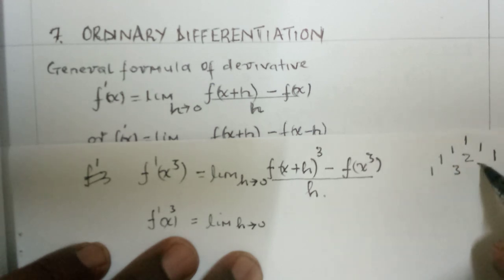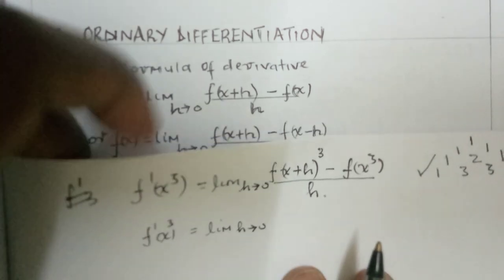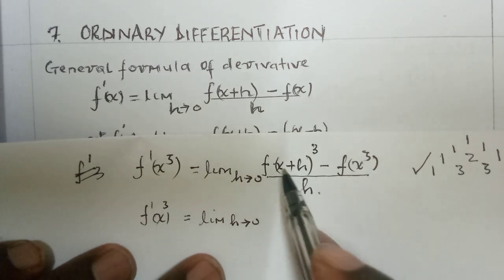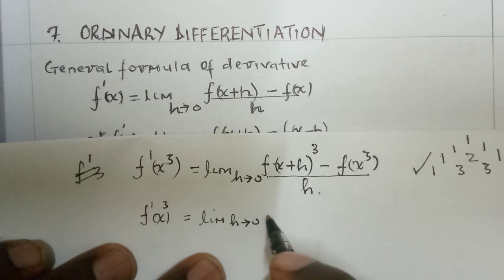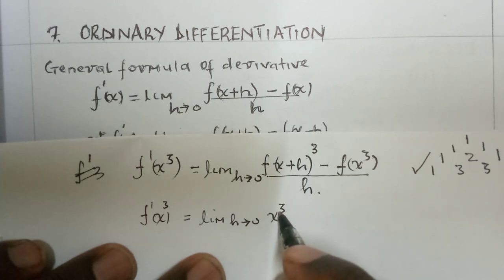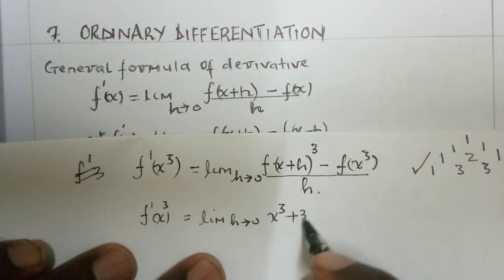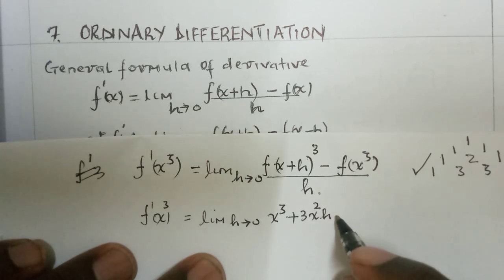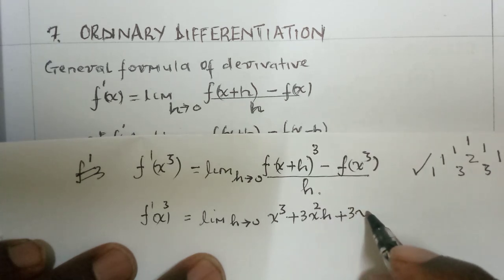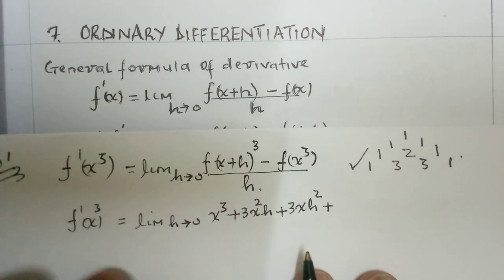So (x plus h) cubed is supposed to give us x cubed, that is, we write 1 there, plus 3x squared h plus 3x h squared plus h cubed.